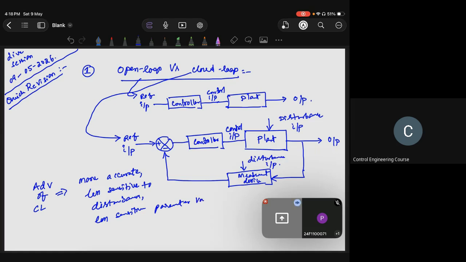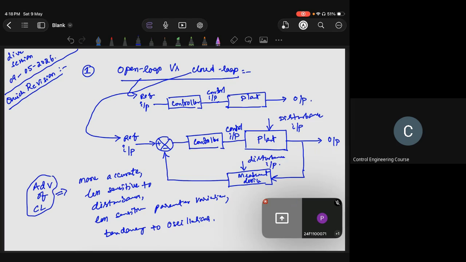And we expect a tendency to oscillations. So these are the major advantages of the closed loop systems.